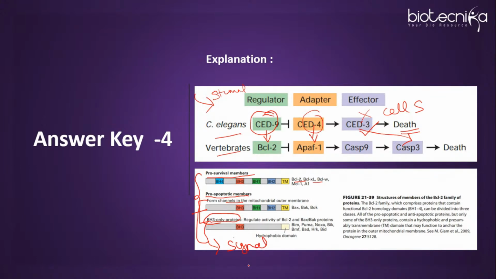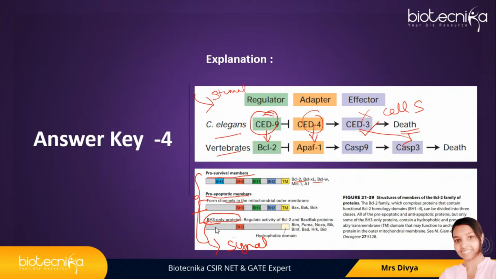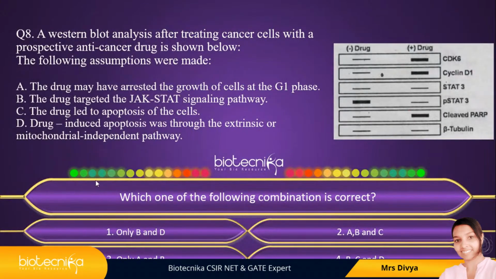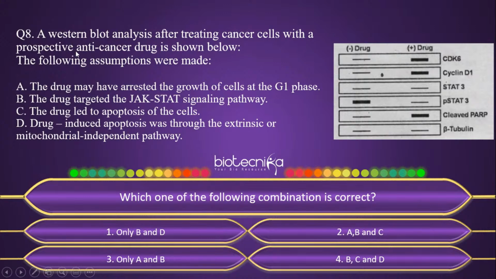Okay. Yes. Now quickly moving on to the 8th question. So we have a Western blot analysis after treating cancer cells with a prospective anti-cancer drug. These are the assumptions being made. The drug may have arrested the growth of cells at the G1 phase.